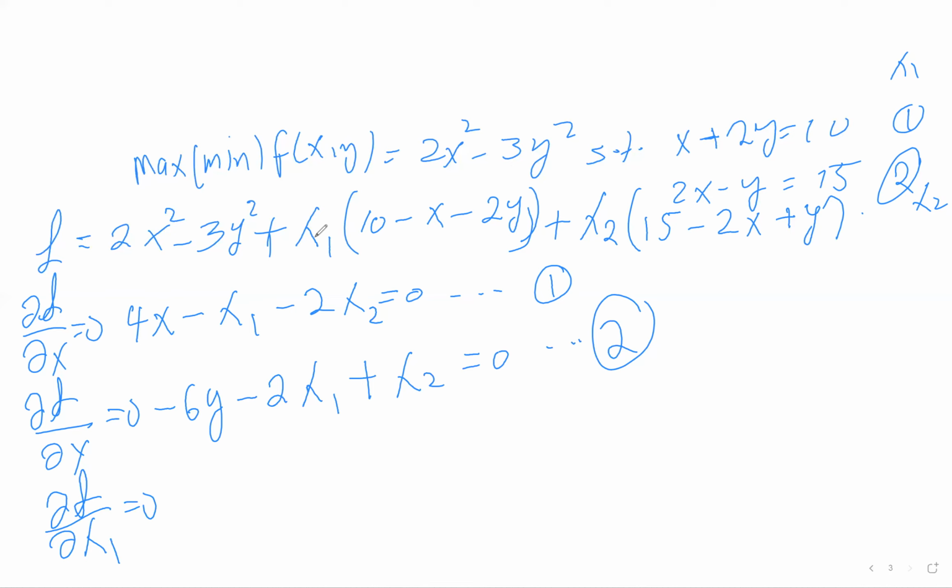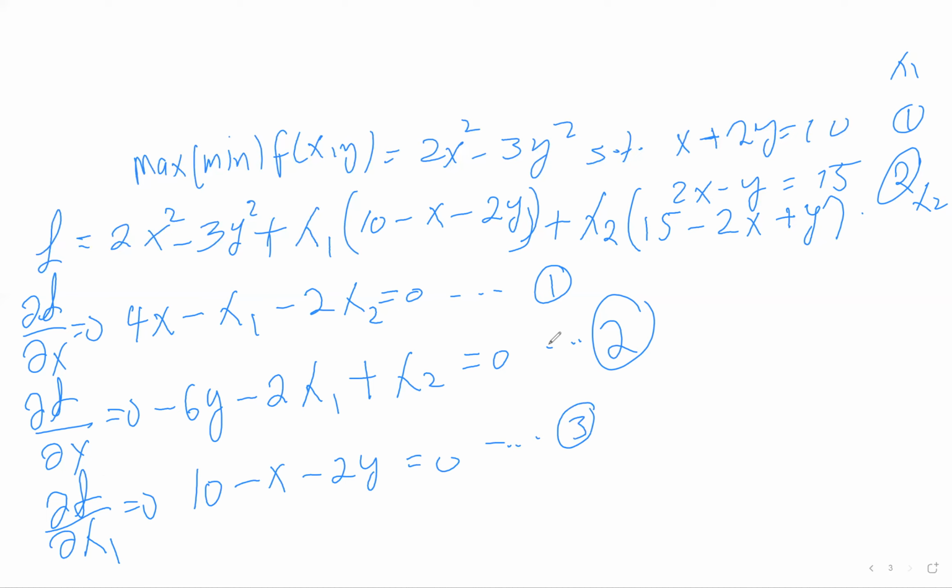I can tell you that the derivative of this function of lambda 1 times 10 minus x minus 2y becomes this one. Probably some of you will get it, some of you won't, but I'm just going to go ahead and write it: the derivative of this Lagrangian with respect to lambda 1 becomes 10 minus x minus 2y equal to 0, and that is equation number 3.